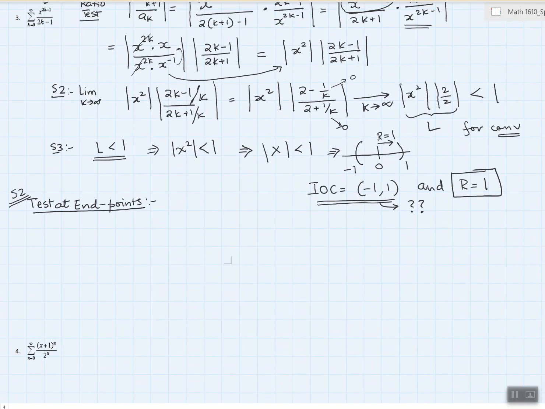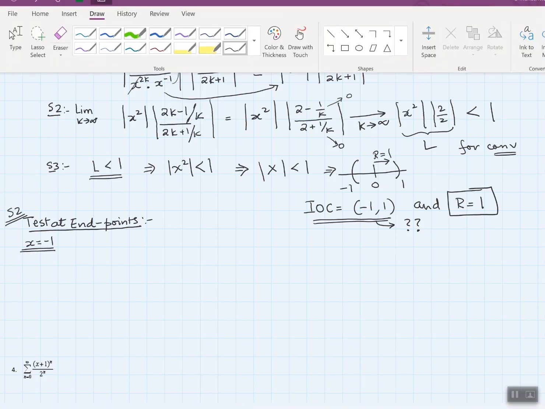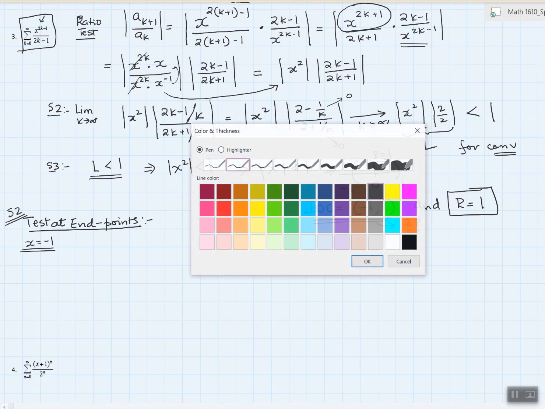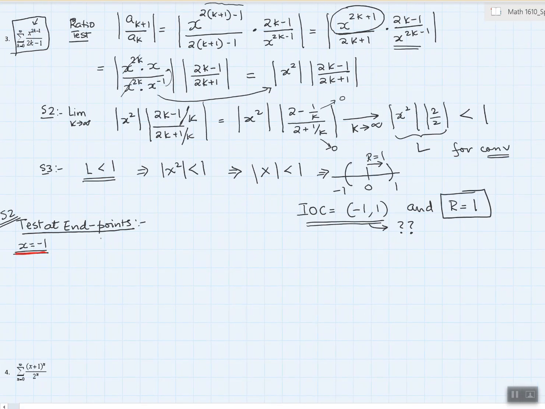So please pay attention. So first endpoint is x equals -1. So I'm going to go back to my power series and I'm going to put x as -1.